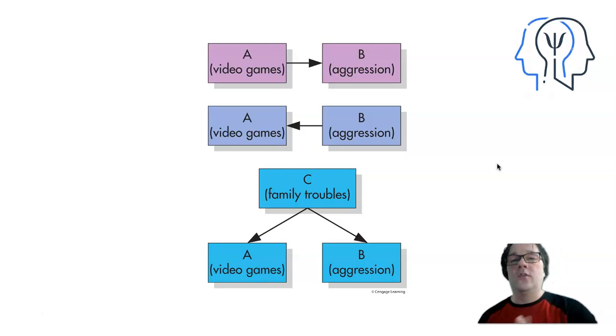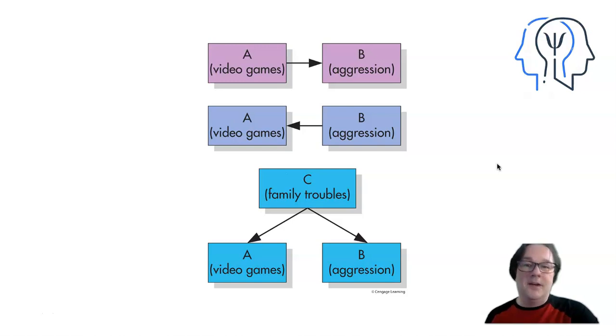But what if we do find a correlation? What if we say, hey, these two variables are highly correlated, right? So maybe we should ban violent video games. And I would say, no, maybe we shouldn't, right? Maybe we should take some more methods and stats classes. No, I probably would say, no, maybe we should do an experiment.